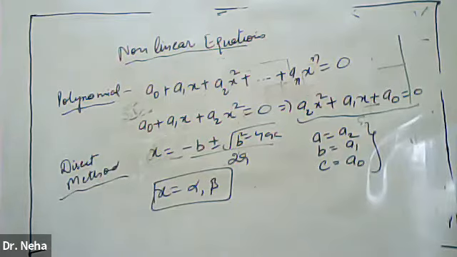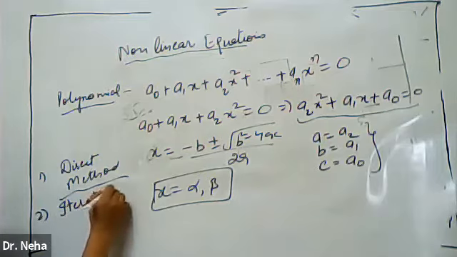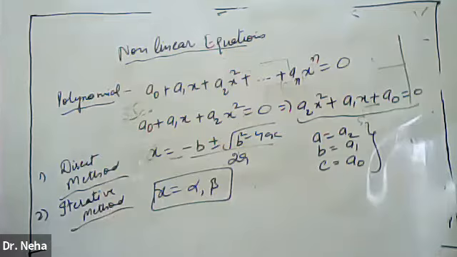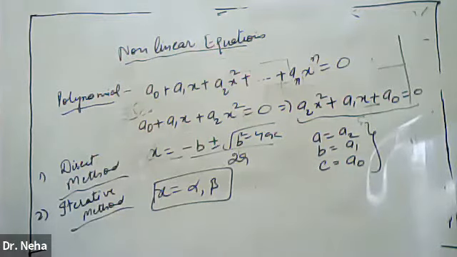We have two types of methods to solve any equation, even a simple linear equation. Number one is the direct method and number two is the iterative method. What is the difference between them? The direct method has a single formula.